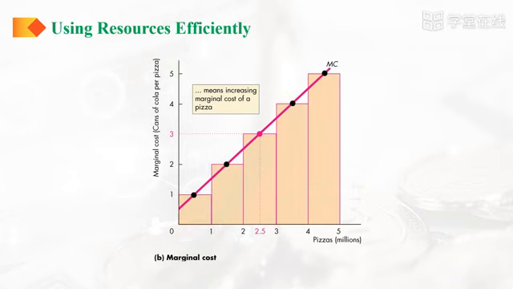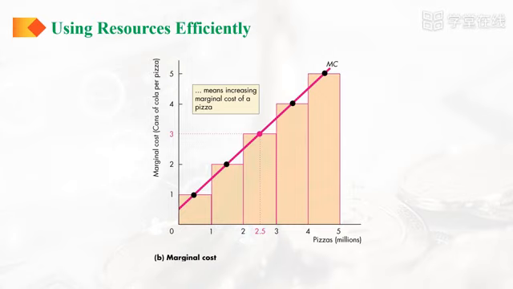The marginal cost at point C is less than it is at point D. On average, over the range from C to D, the marginal cost of a pizza is 3 cans of Coke. But it exactly equals 3 cans of cola only in the middle of the range between C and D.